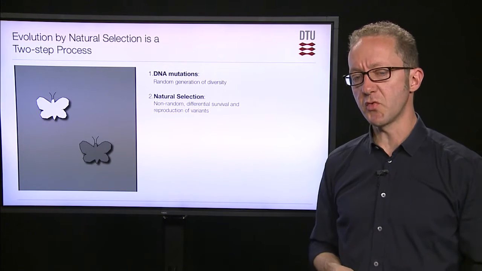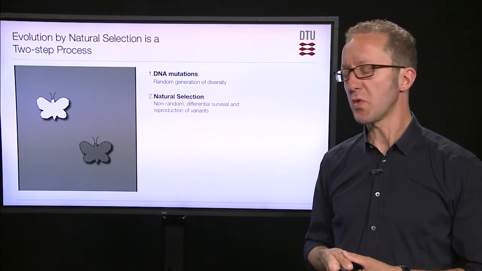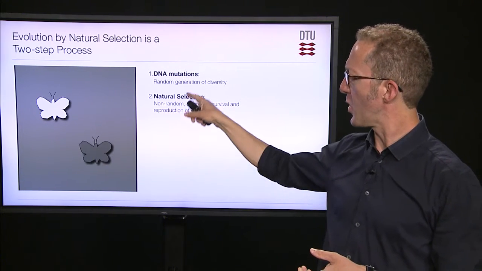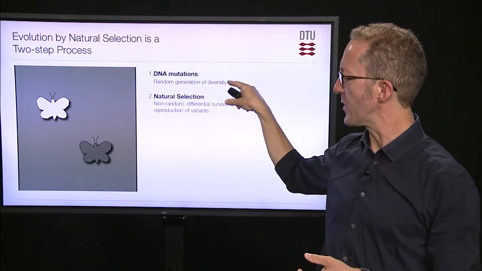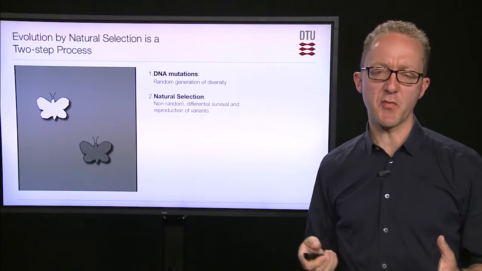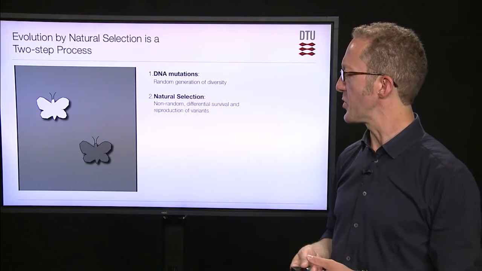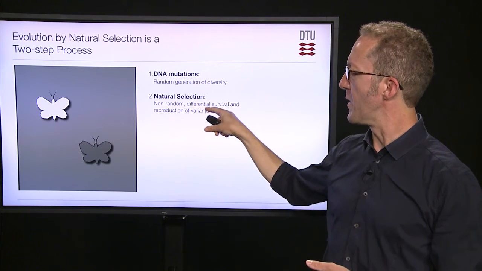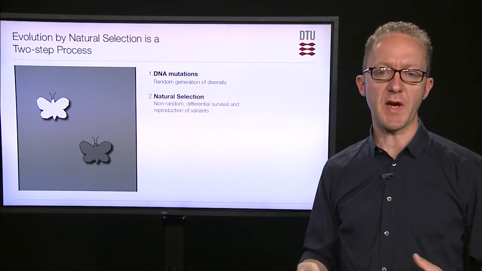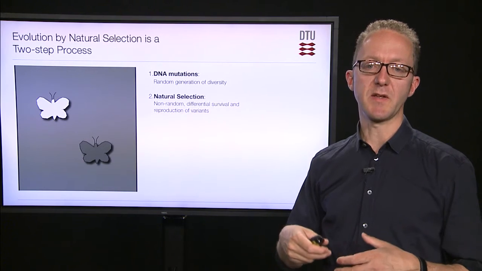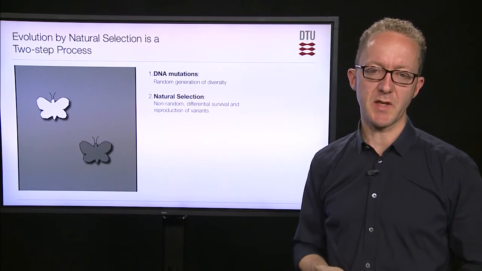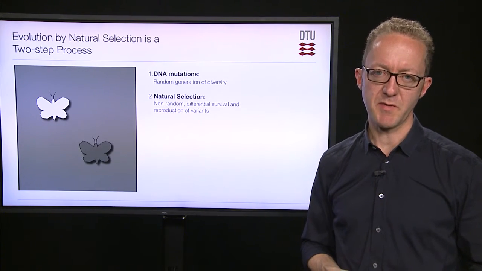Then you have step number two, which is not random, and that is what we call natural selection. Among all of these diverse animals in the population, we now have non-random differential survival and reproduction of the variants, where the most fit variants are the ones that survive, they're the ones that lead to offspring, and therefore the genes that will propagate in a population of animals.